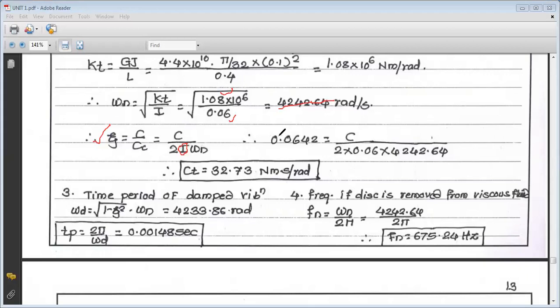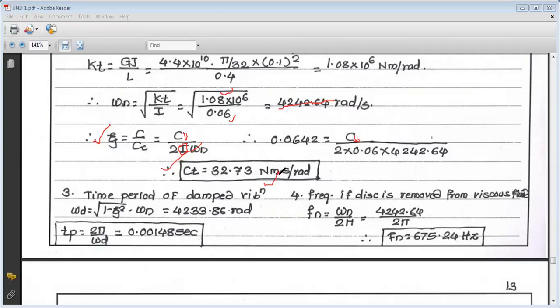So put the value of zeta as 0.0642, C upon 2 into 0.06 into omega n. So from that we get the value of Ct in case of torsional vibration. So we get the value of Ct as 32.73 Newton second meter per radian.